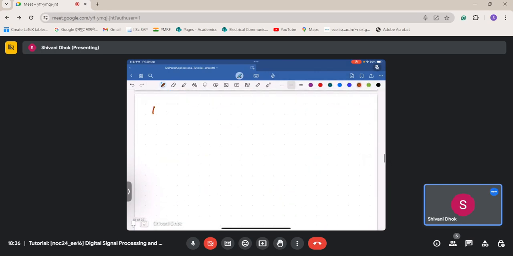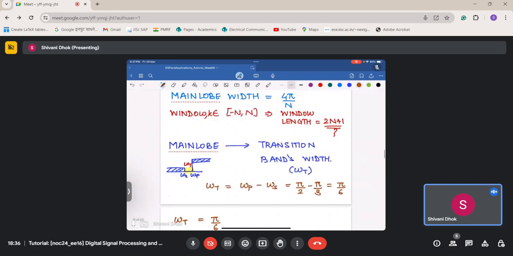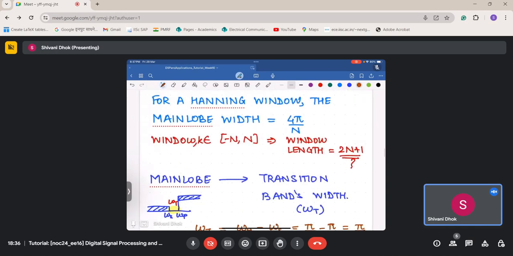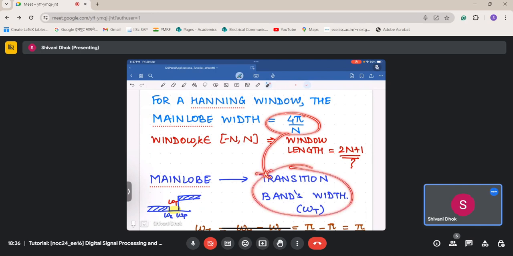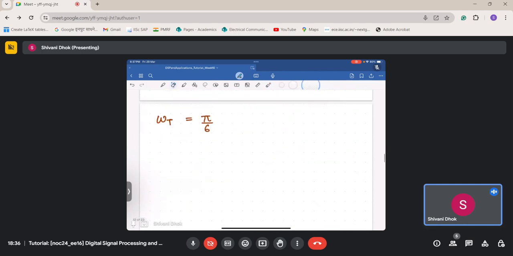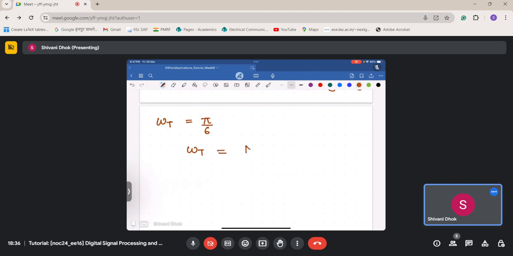So now what we know? We know that my omega t is pi by 6, and we know that this main lobe width translates to the transition band width, which means that this transition band, that is omega t, should be approximately equal to 4 pi by N. So this transition width, omega t, should be equal to the main lobe width of the Hanning window.